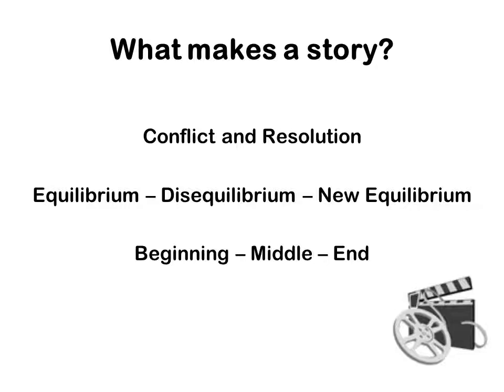Another thing is the equilibrium, disequilibrium, and new equilibrium. What do we mean by that? Equilibrium is the stable state: we have a story which starts as a stable thing, then we have a process of disequilibrium.